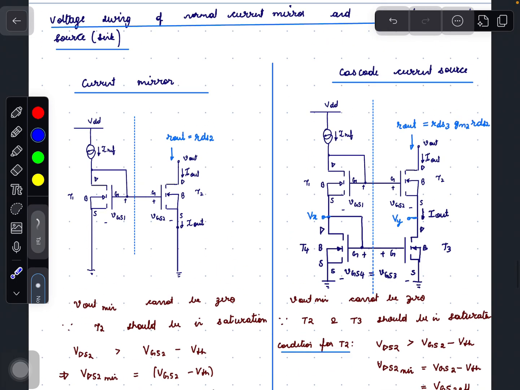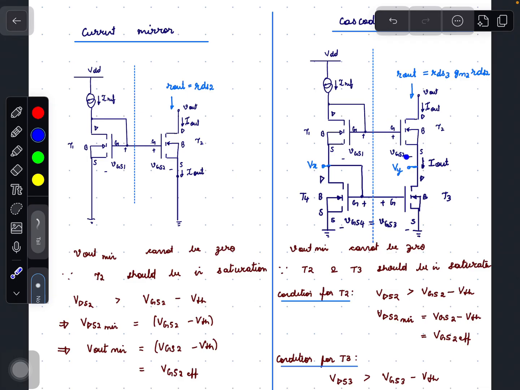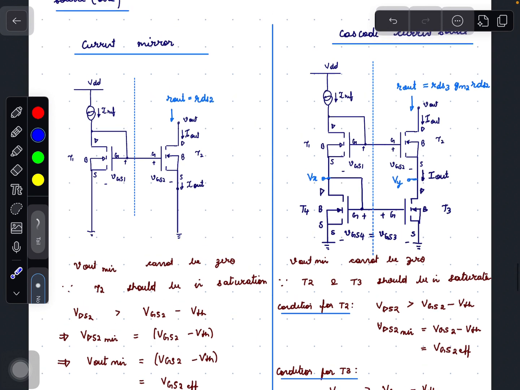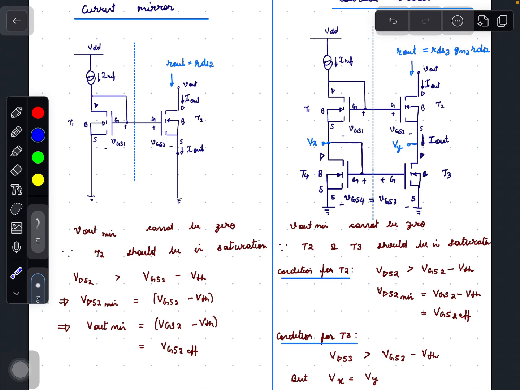Consider the cascode current source. Here V out minimum cannot be equal to 0 or ground. The reason is we want transistor T2 and transistor T3 to be in the saturation region for the cascode current sink or source to work. So here T2 should be in saturation and T3 should be in saturation.